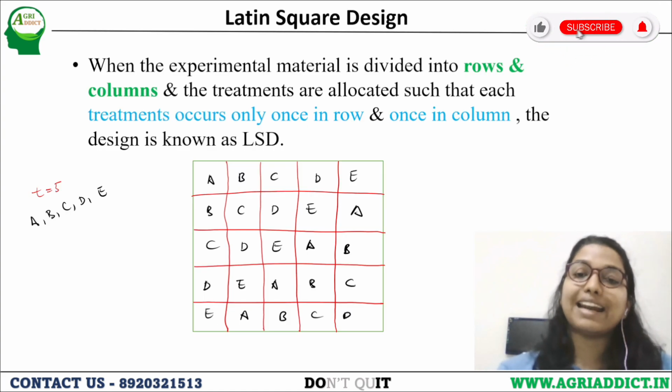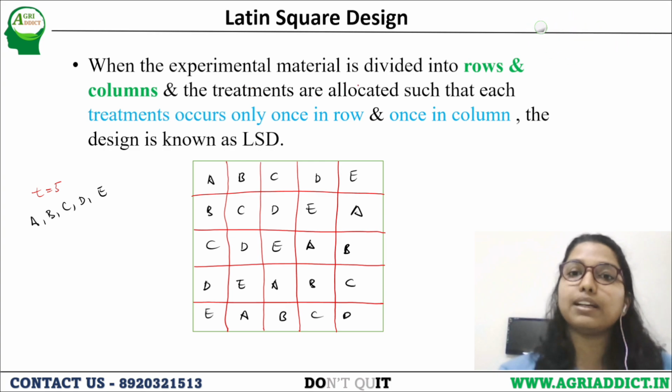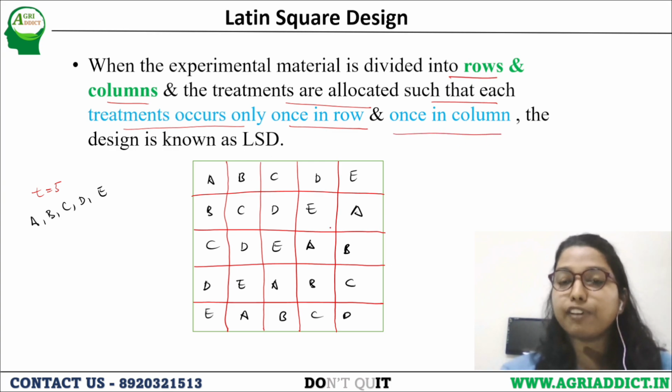Next comes the Latin square design. It is a very different design from whatever we studied previously. Here, the experimental data is divided into rows and columns, and treatments are allocated such that each treatment occurs only once in a row and once in a column. The experimental material, that is the field, will be divided into rows and columns.